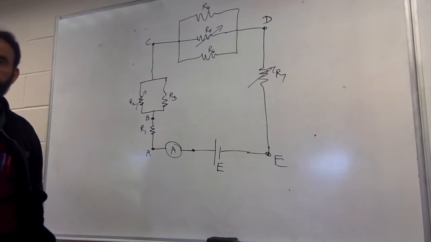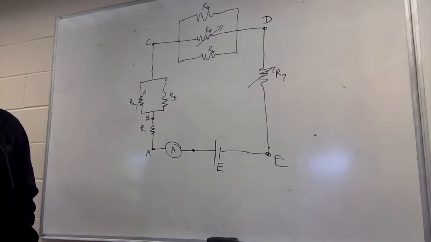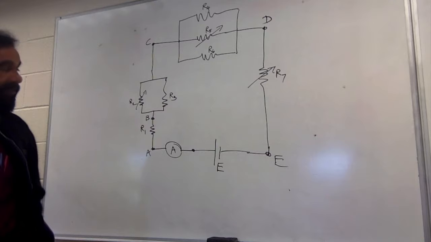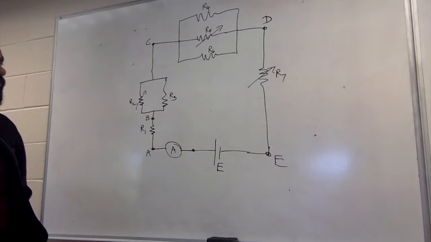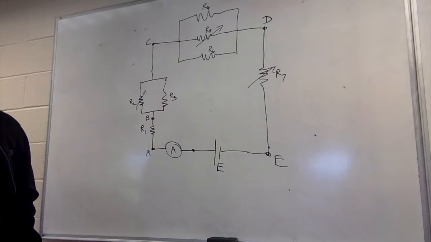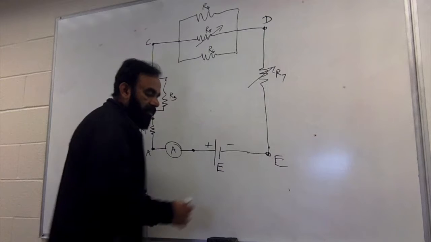Ready? Draw the circuit first. R2, R5 and R7 are variable resistors. That's why the arrows are there. And that's the EMF.